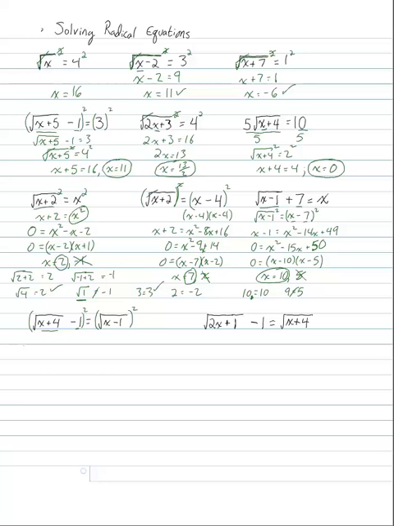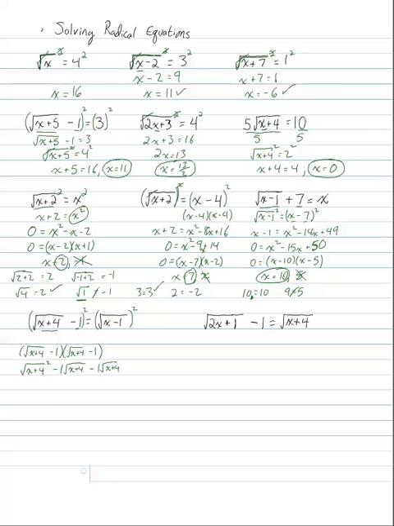So let's see, the square root of x plus 4, minus 1, times the square root of x plus 4, minus 1, and FOIL it. If I multiply first, that's the square root of x plus 4, squared. Outer: the square root of x plus 4 times minus 1 will be minus 1 square root of x plus 4. Inner: minus 1 times the square root of x plus 4 is minus 1 square root of x plus 4.